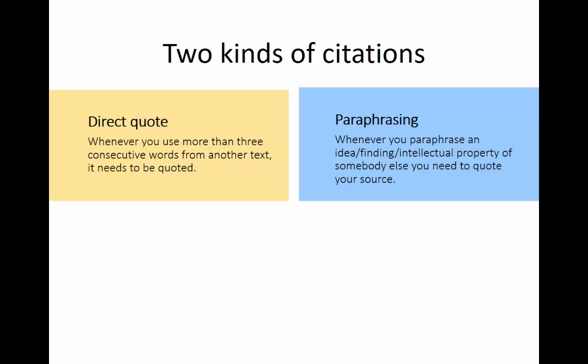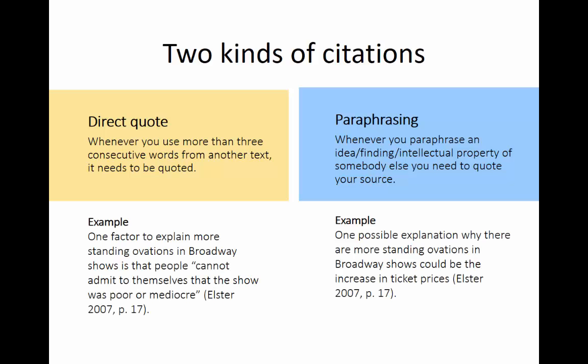The second one, equally important, is paraphrasing. Paraphrasing means that you paraphrase an idea, a thought, essentially intellectual property that somebody else had. So let's go back to the first one, the direct quote. Remember, I had a quote from Elster about this hypothetical deductive model that we talked about.